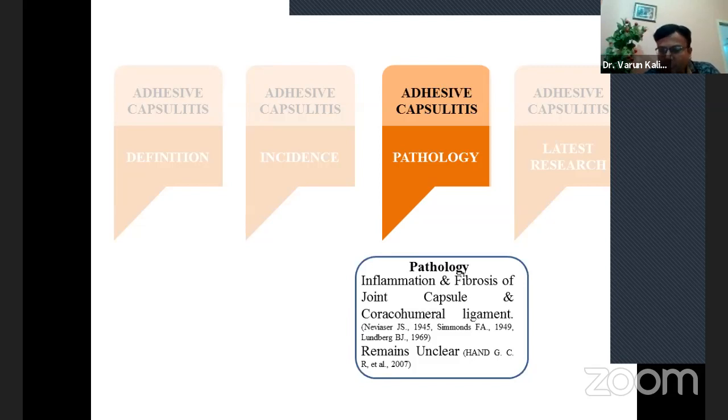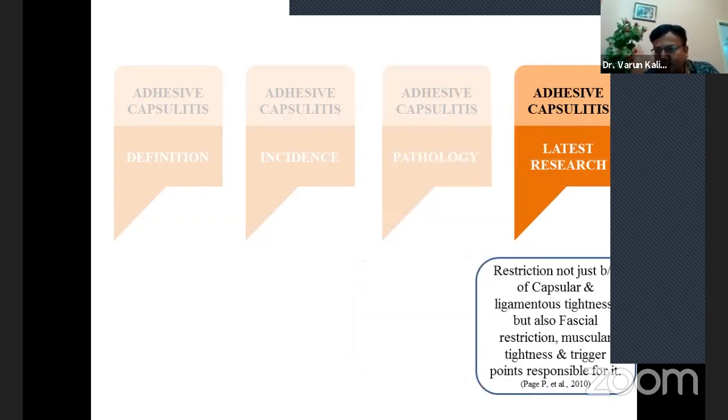And in 2010, Page P et al. said that adhesive capsulitis restriction is not just because of capsular and ligamentous tightness, but also fascial restriction, muscular tightness, and trigger points are responsible for it. So this is the new concept behind the pathology of adhesive capsulitis.